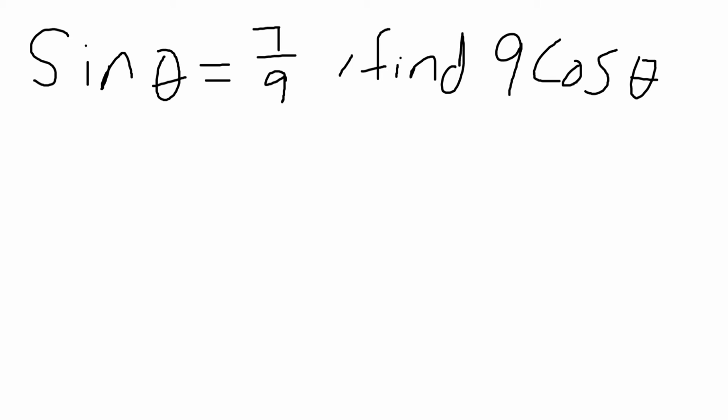Now, given sin theta to be 7/9, then we know that the opposite, let us try and draw a right angle triangle for it.